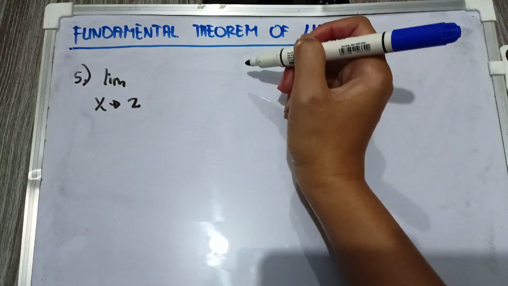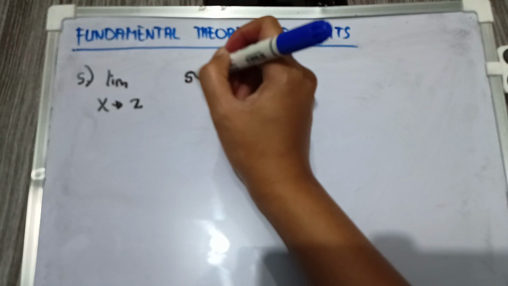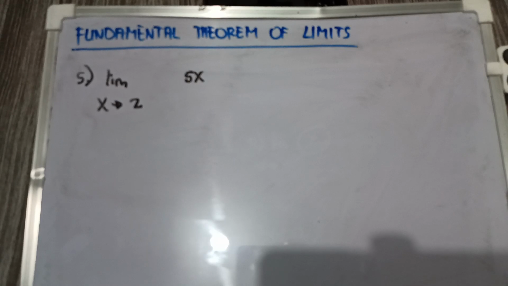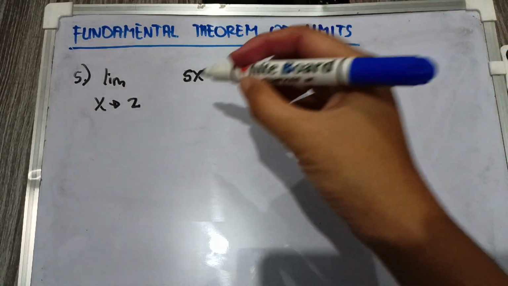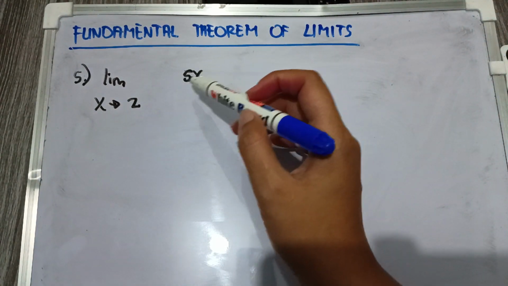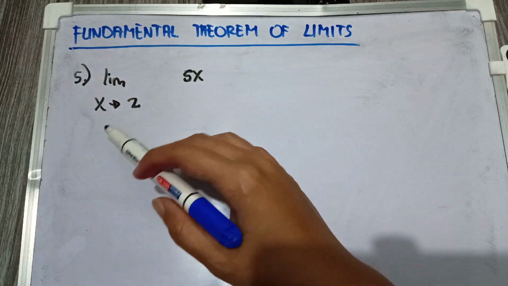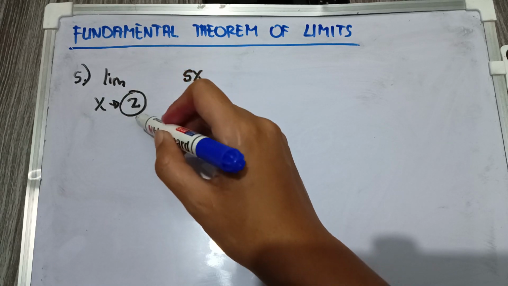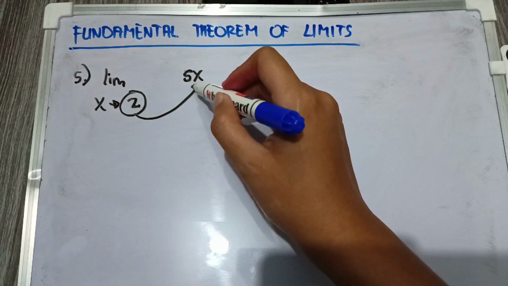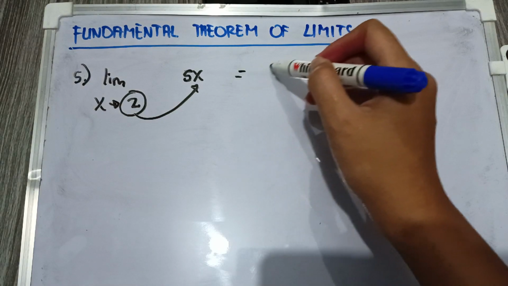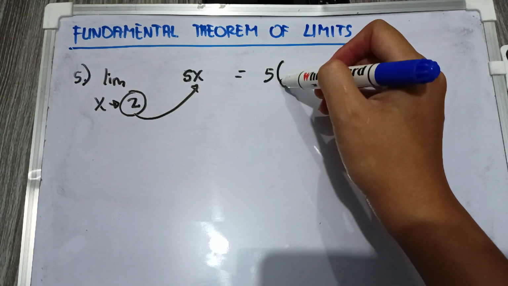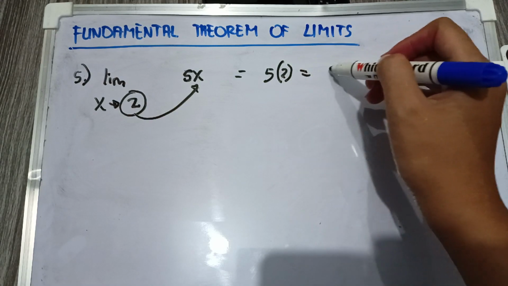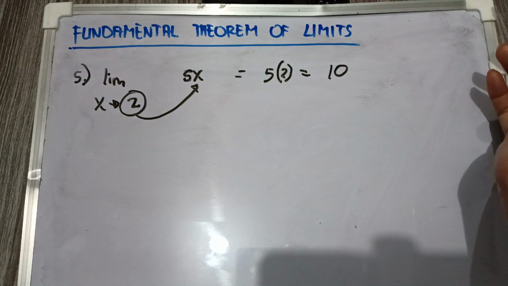Now, what is the limit of 5x when x approaches 2? Substitute the value to this. So the answer is 5 times 2. Then the answer is 10.